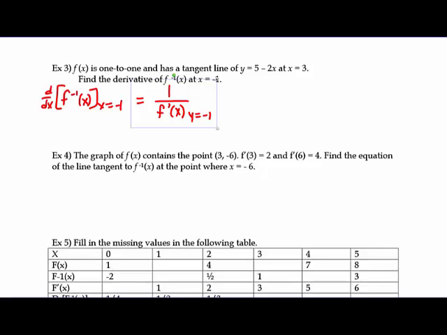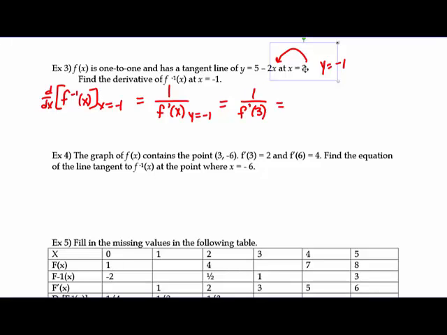I don't have the original, but I have a tangent line to the original at 3. If you have a tangent line at 3, the y value of that tangent line is the same as the y value of the original. So if I plug in 3 to here, I get y equals -1. So if x equals 3, y is -1. Well, I really wanted to know what x is when y is -1. It's 3.